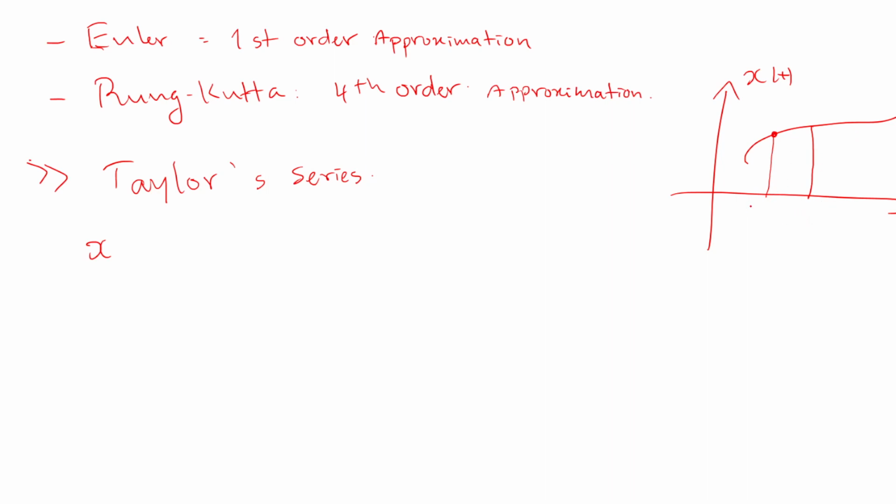If I sample it at 1 ts, 2 ts, up to this point, it's k times ts, and this point is k plus 1 times ts, because this interval is ts.